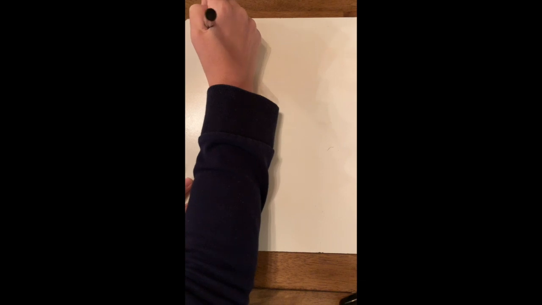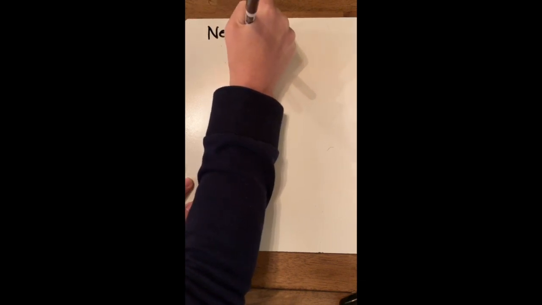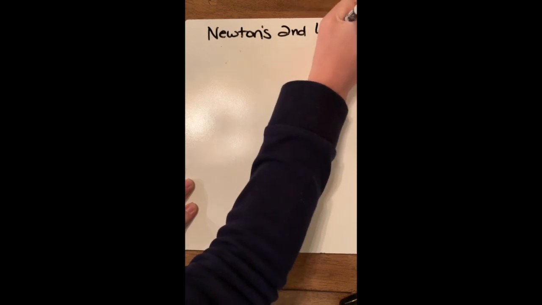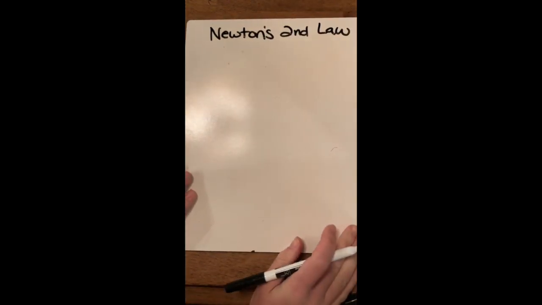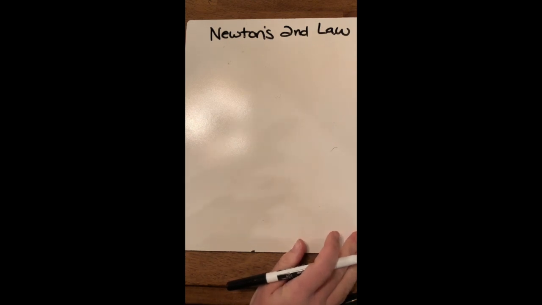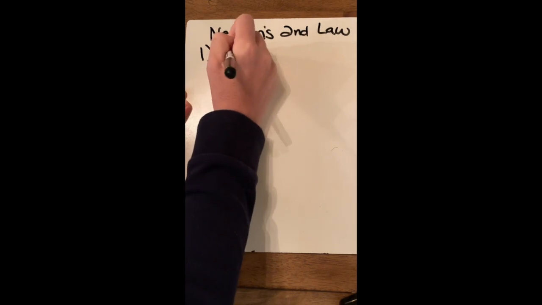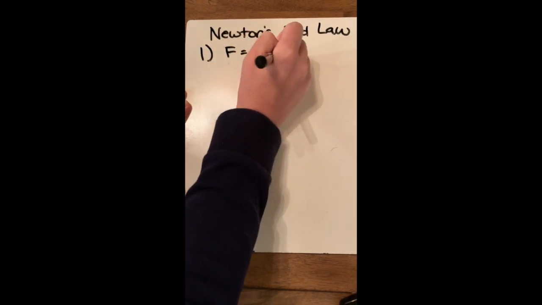All right, so Newton's second law. So we've been learning a lot about Newton's second law, but there's actually a couple of different ways you can use this to calculate. So we've already really focused on F equals ma, right?